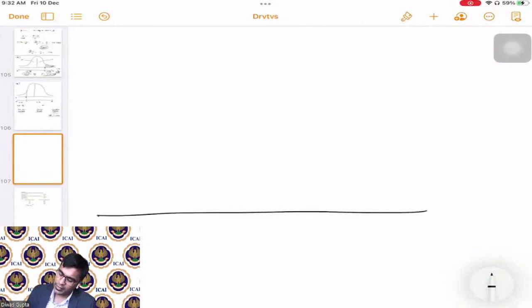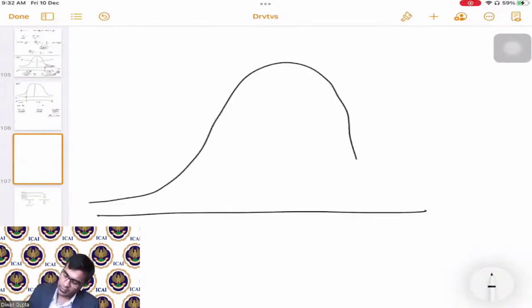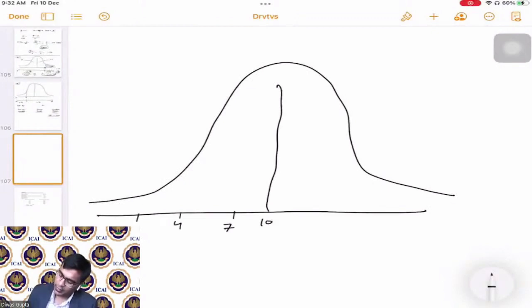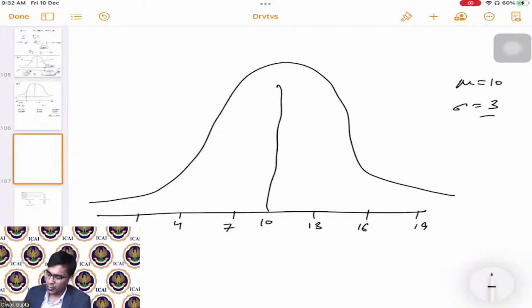What I'm trying to say is, this was, let's say, 10, 7, 4, 1, 13, 16, 19. Here I'm taking u as 10, standard deviation as 3, correct? In the previous example also. So this is actually u minus 3 times standard deviation, and this is actually u plus 3 times standard deviation. 10 plus 9, 10 minus 9.